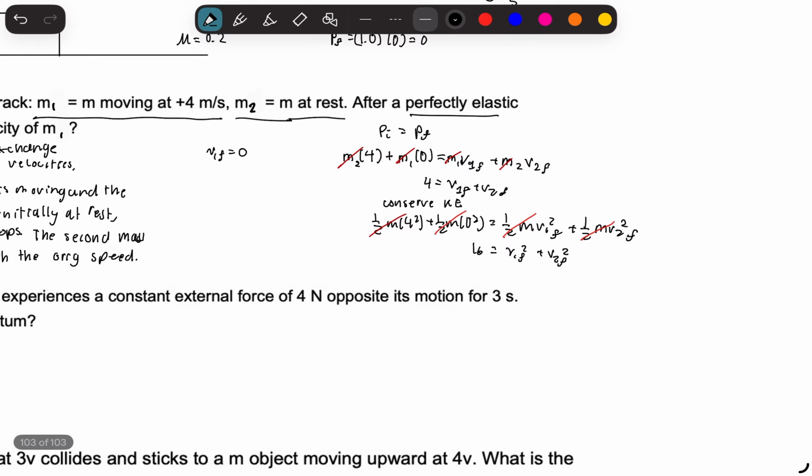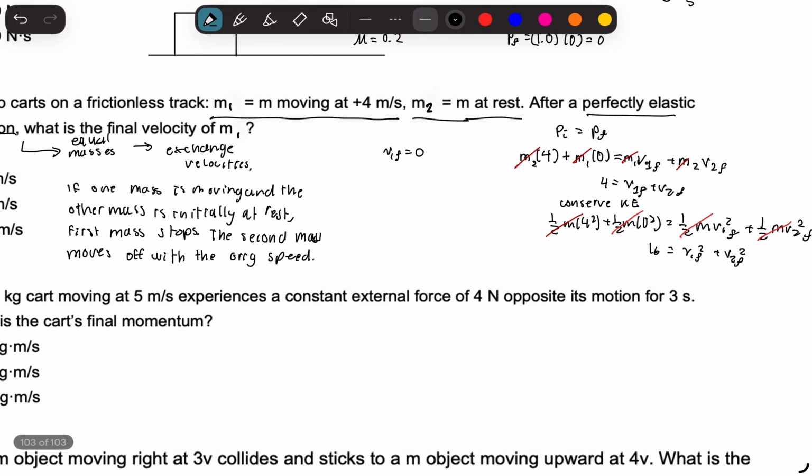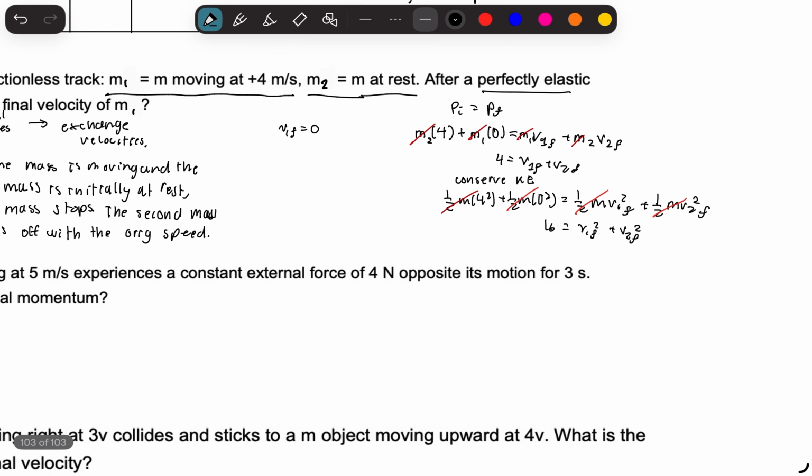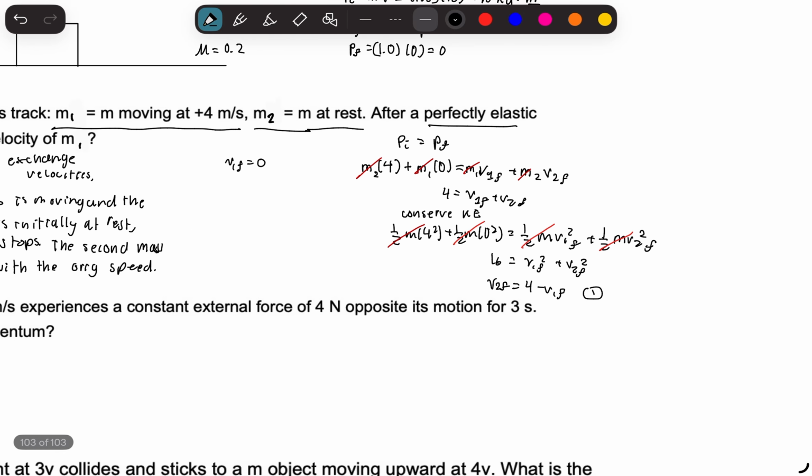So from equation 1, we have that v2f is equal to 4 minus v1f, which we can rewrite here. For v2f is equal to 4 minus v1f, and we're going to call this equation 1. So now this is our equation 2. Well, we can write it up here as well.